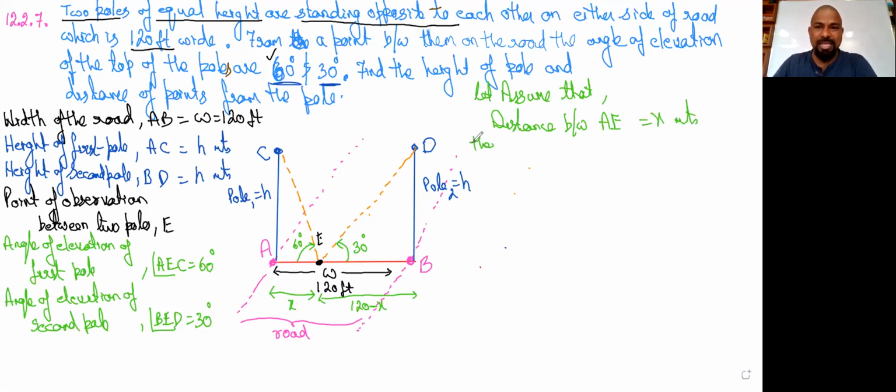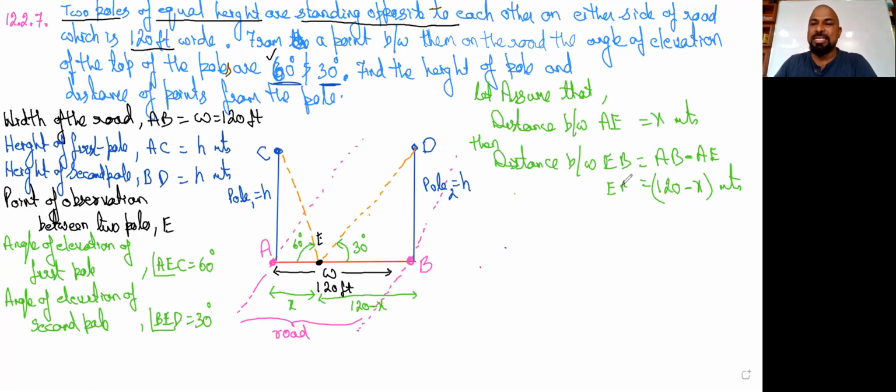Then the distance from E to B becomes AB minus AE. How much do we have AB? AB is nothing but 120, and just now we got AE as x. Keep it in the bracket and you call it 120. EB is nothing but 120 minus x. So we have taken all the terms and connected both the triangles. Now let's work on the sums. Let's take them individually.